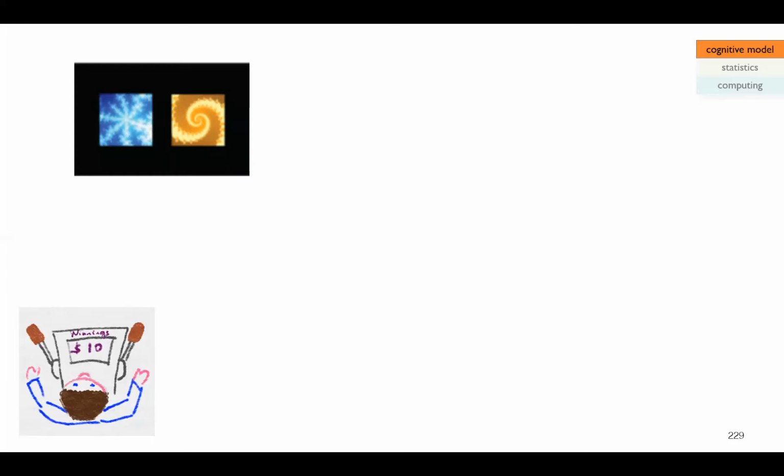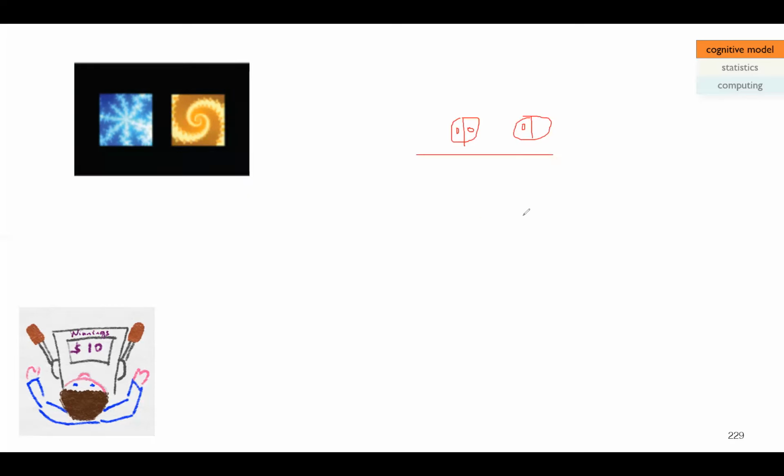So let me try to draw something. Okay, good. So let's say we have something like symmetrical. This is symmetrical. This is something asymmetrical. Okay.